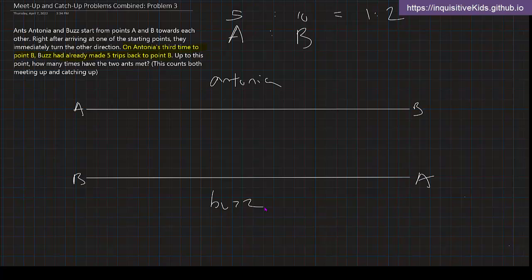So let's look at our ratio. This is all in the exact same time frame, and in that time frame, Buzz has already traveled 2 times as much as Antonia, meaning that his speed is 2 times that of Antonia's.